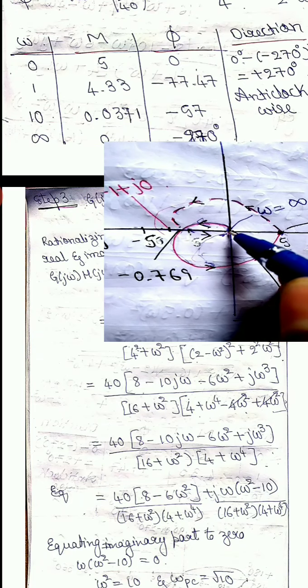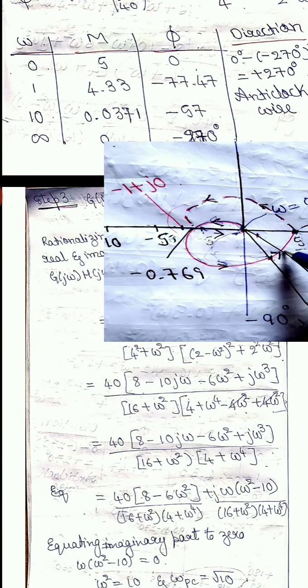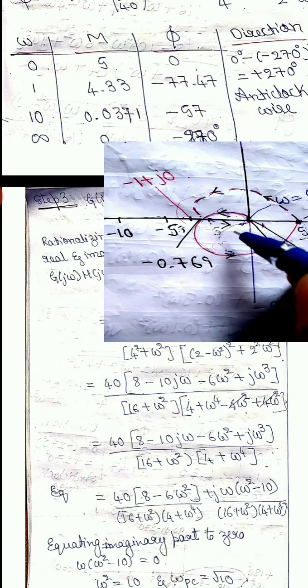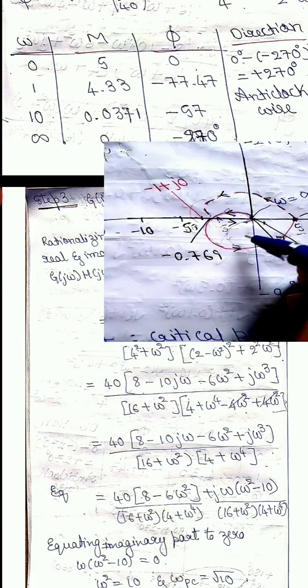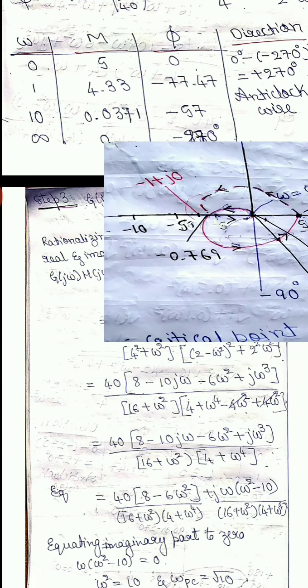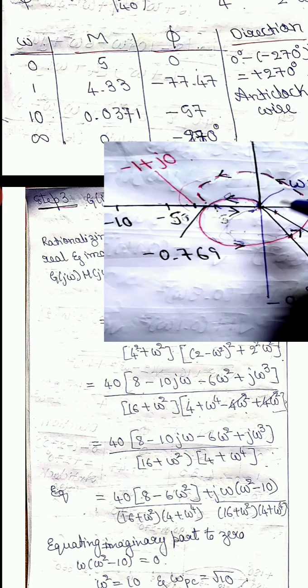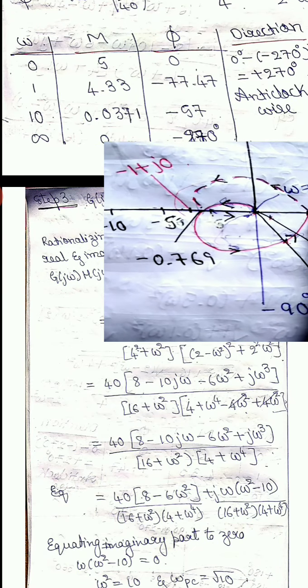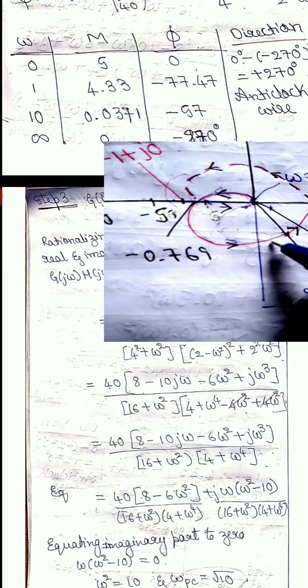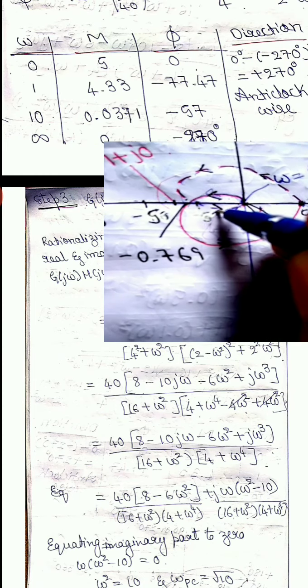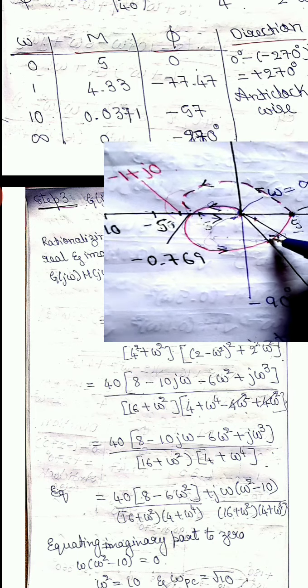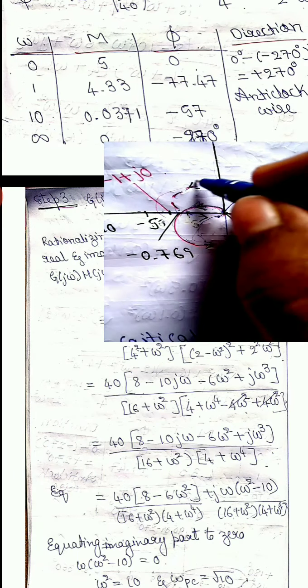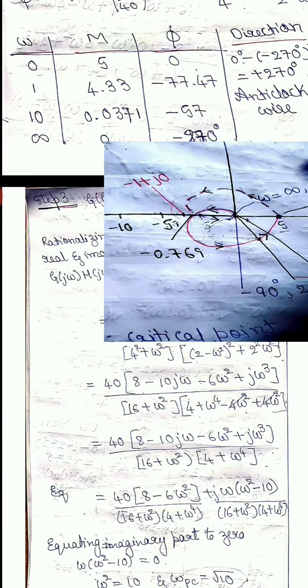And the mirror image of this one. The dark line is the polar plot, and the mirror image of the polar plot is the Nyquist plot, from here to here. No need to remember the direction, this one is the continuation.